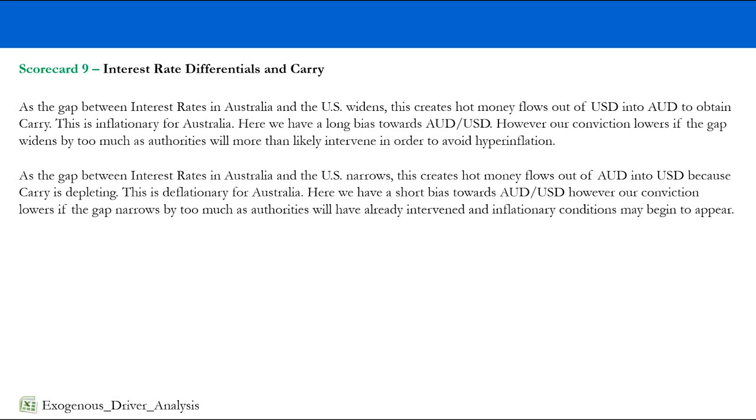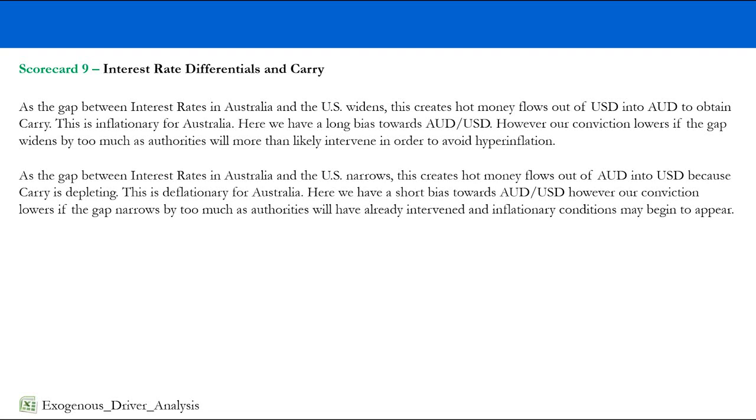So hot money flows out of Australia looking for a higher interest rate, or relatively higher interest rate compared to the previous period, in the United States. So the carry between the US and Australia is depleting. And this is deflationary for Australia. So we have a short bias towards the Aussie dollar, US dollar.